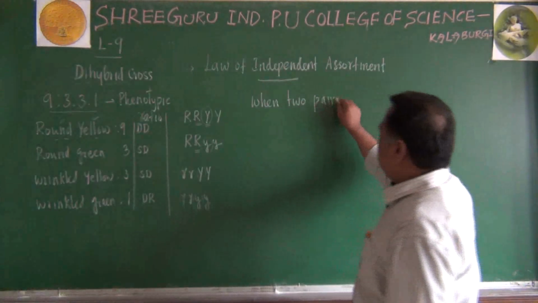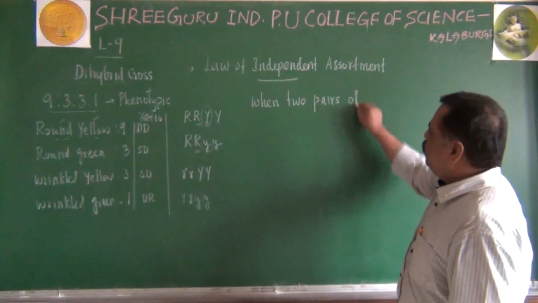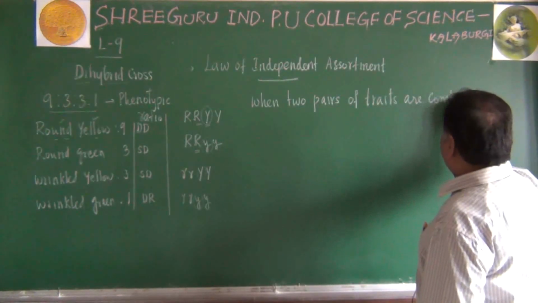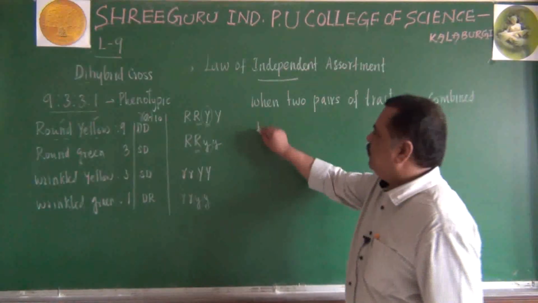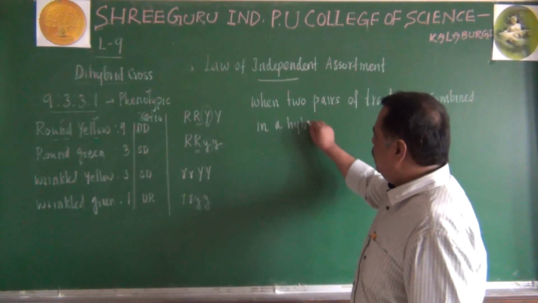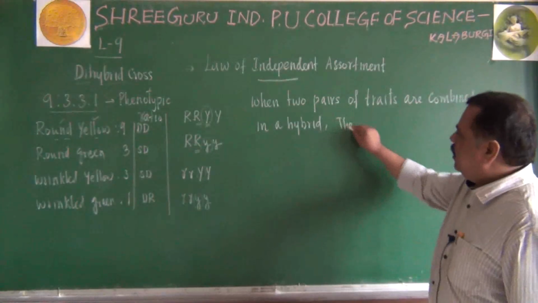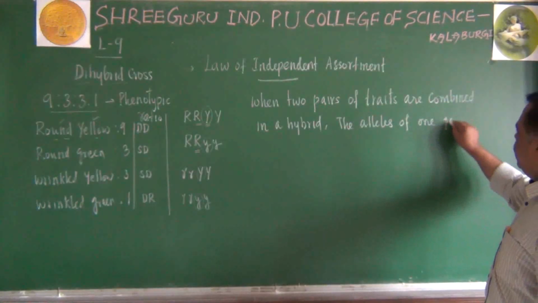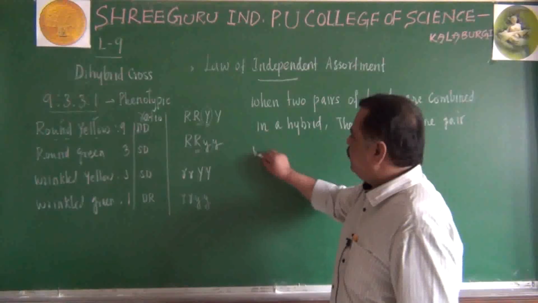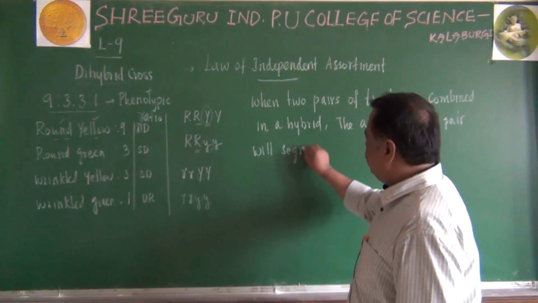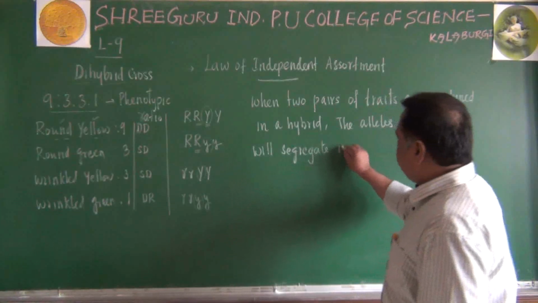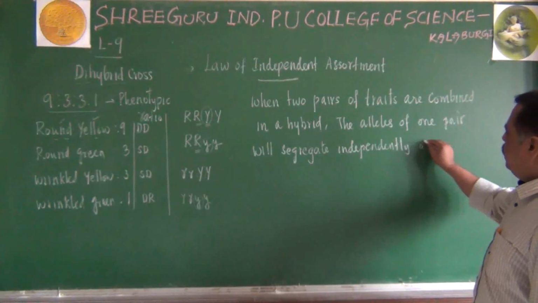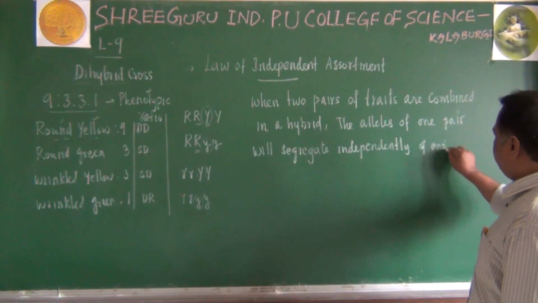I will write this statement as it is: when two pairs of traits are combined in a hybrid, the alleles of one pair will segregate independently of another pair.